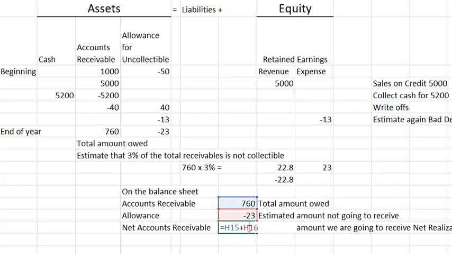So the number you would most likely see on the balance sheet is 737. It would say net accounts receivable 737. It might in parentheses say net of the allowance, or after the allowance, of 23, which of course would give you enough information that you could go back and recalculate the 760 by taking the 737 and adding the 23. That would tell you that would necessarily have to be the amount that was owed.